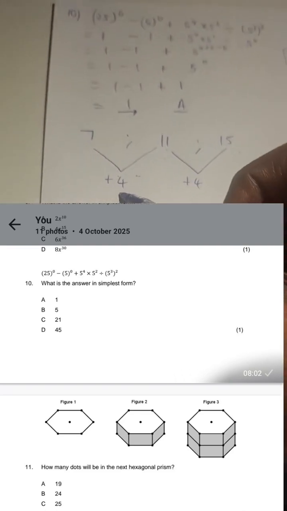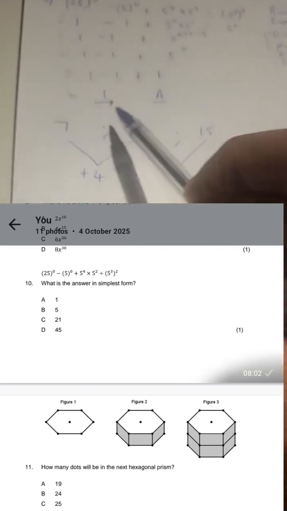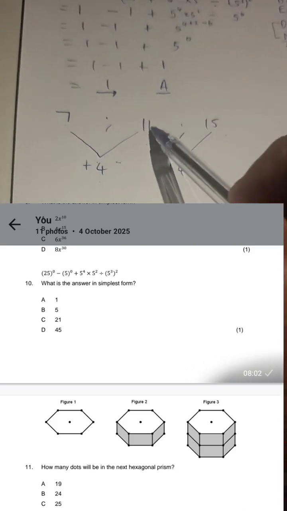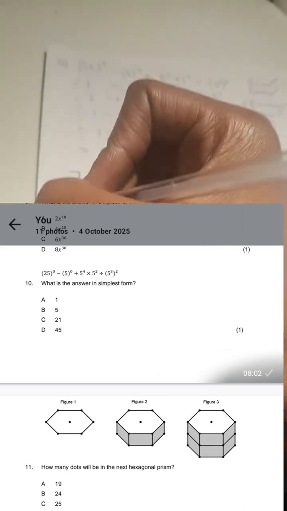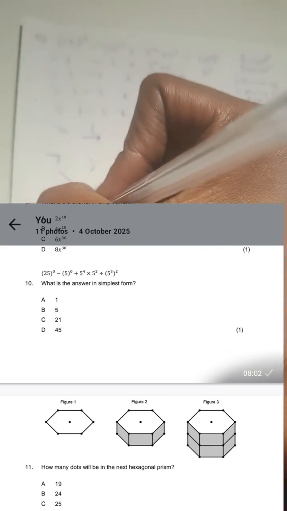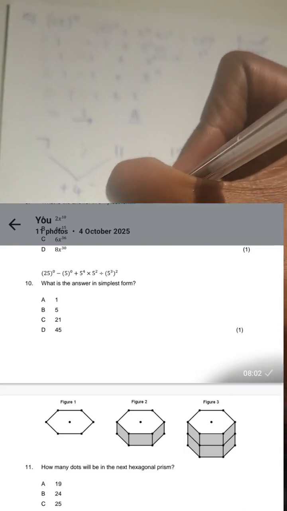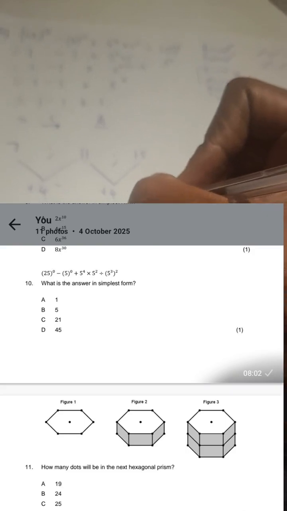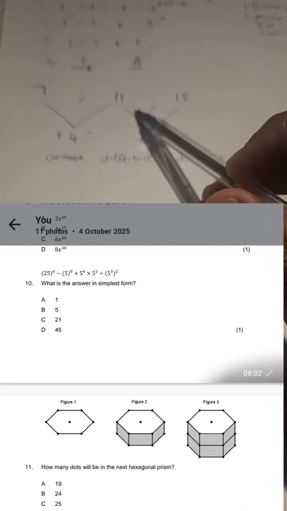How do we know this? Because we can see that there is a pattern from 7 to 11 and from 11 to 15. So what do we refer to this as? We call this the constant difference, which is simply found by saying T2 minus T1, or we can say T3 minus T2.